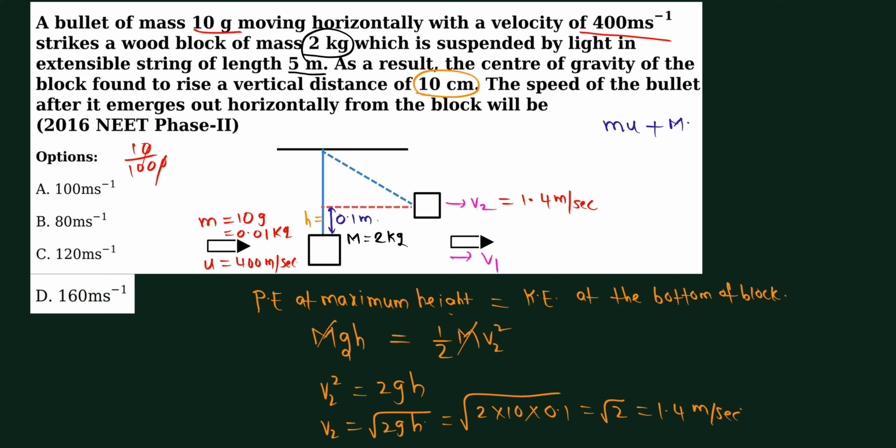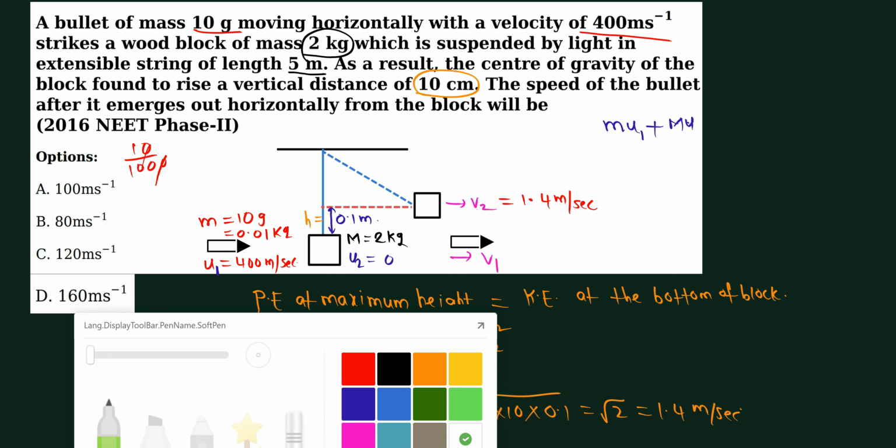Let us say this is u1 and this is u2. u1 equals the velocity of the bullet. So the bullet mass is small m.